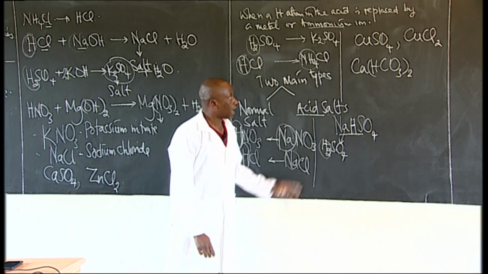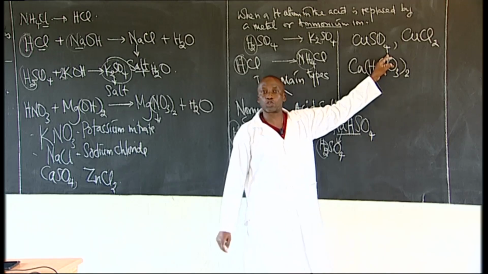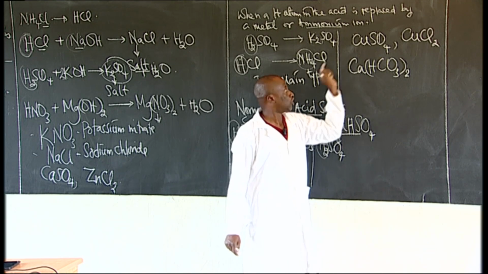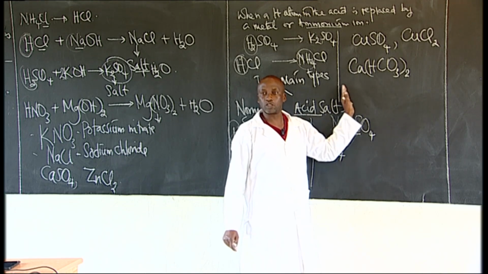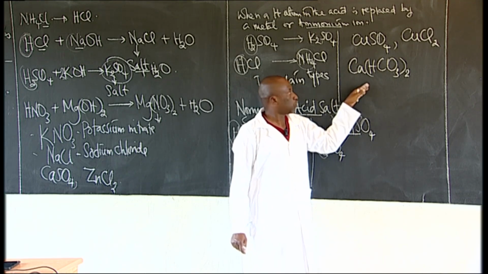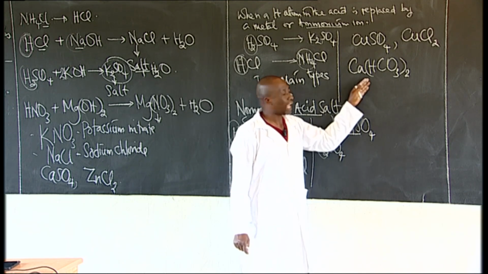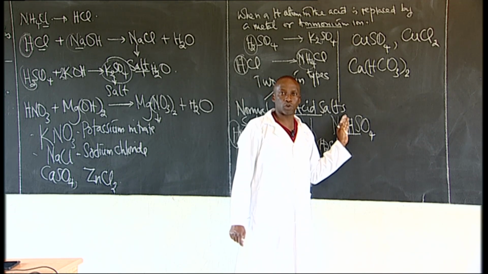Can you identify among these ones? These are all salts. Among these salts, we have normal and acid salts. So how do we identify the acid salts? How do we distinguish the acid salt from the normal salt?